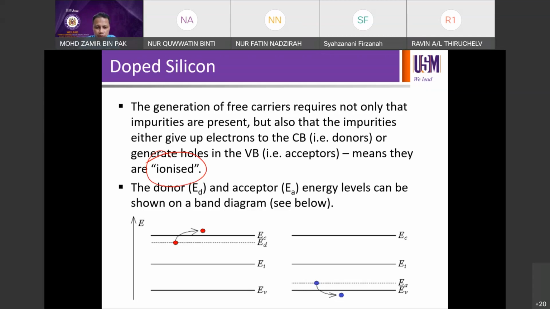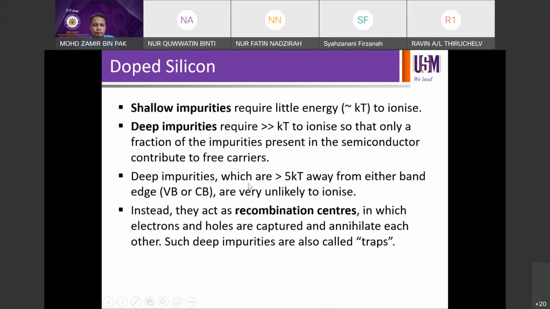So this is essentially what happens. The electron donation will be moving to the CB, and the hole will be moving to the VB, from the donor states for n-type, and from the acceptor states for p-type. Okay, so this is what happens when ionization takes place.